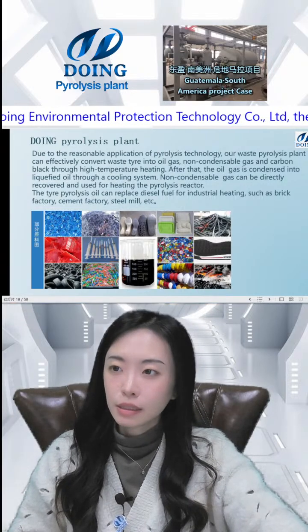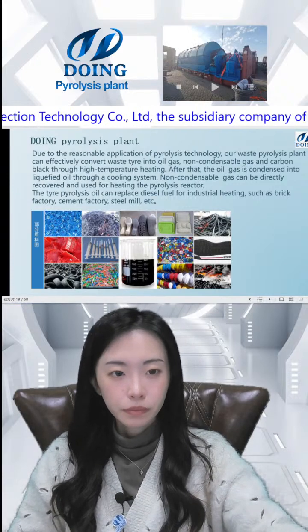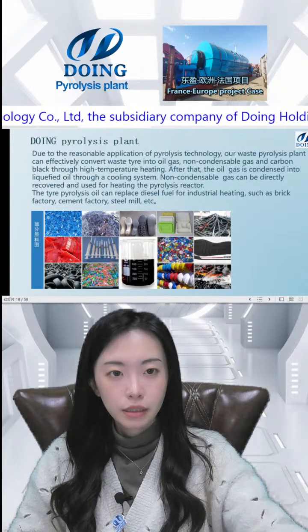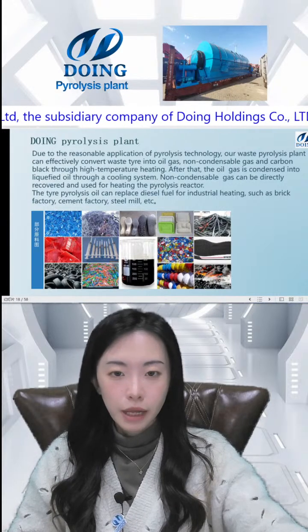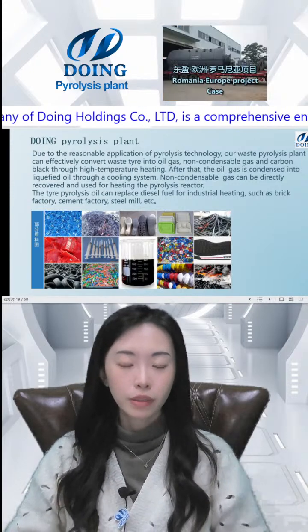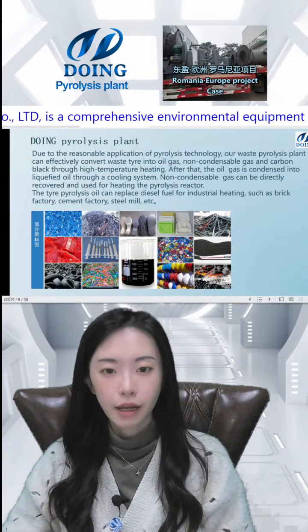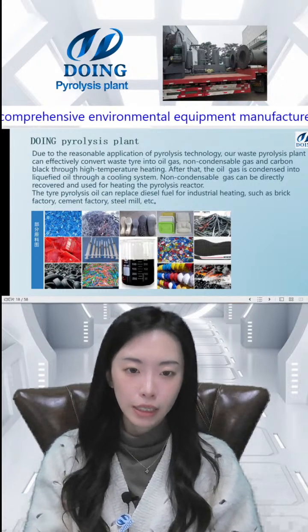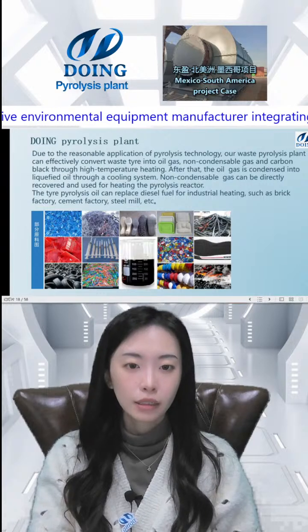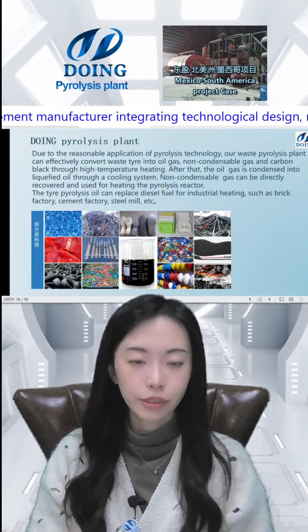And then these are the different materials that we can use. Like this is the pyrolysis plant. Due to the reasonable application of the pyrolysis technique, our waste pyrolysis plants can effectively convert waste tire into oil gas, non-condensable gas, and carbon black through high temperature heating.